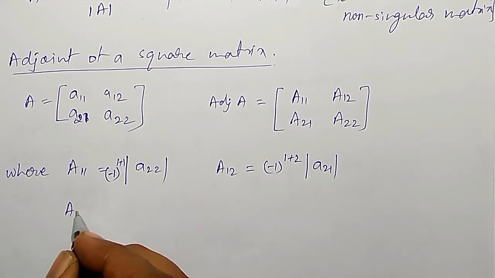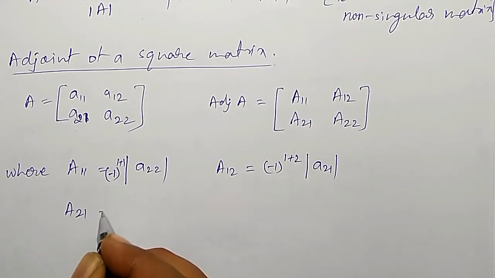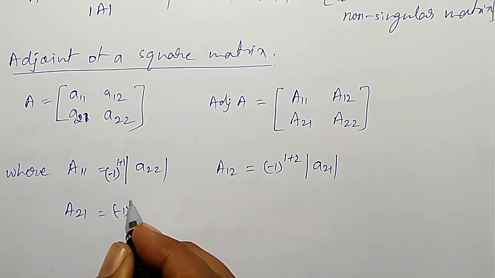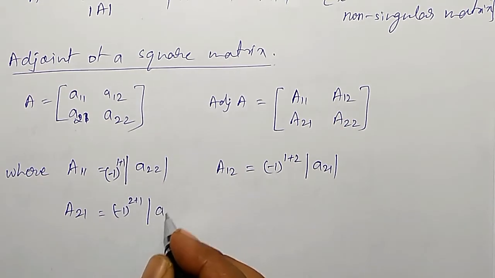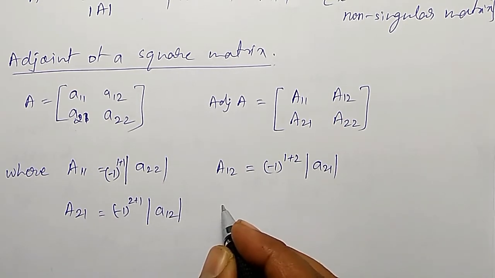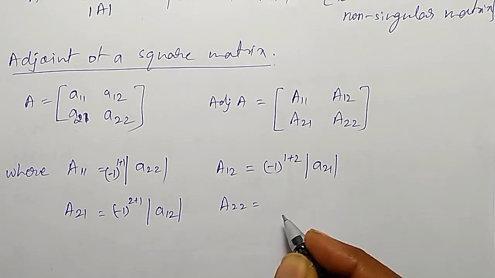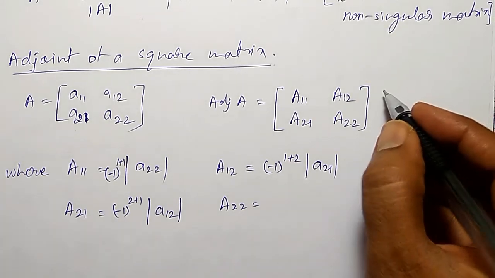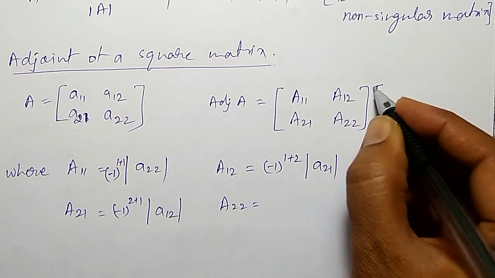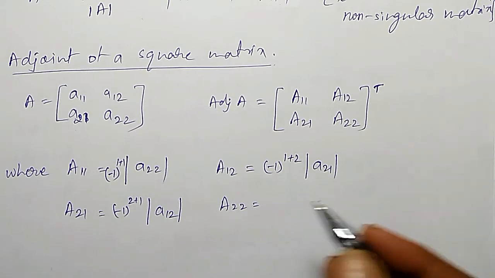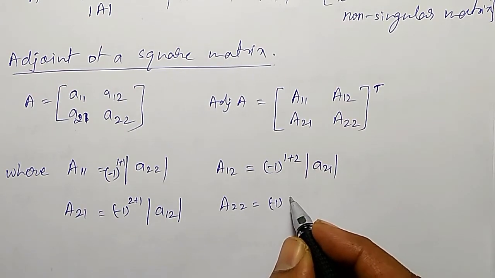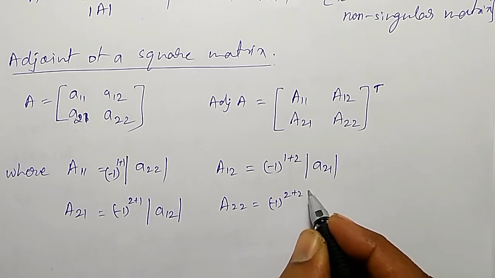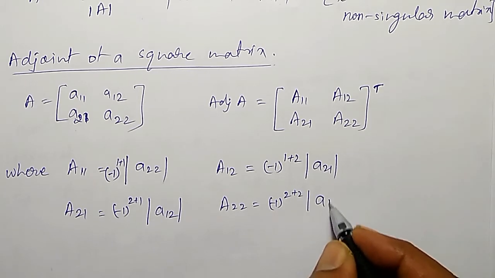Similarly, A21 is given by minus 1 raised to 2 plus 1, and the determinant leaving that row, leaving that column will become A12, and A22 is given by minus 1 raised to 2 plus 2 and A11. And its transpose, that is also important, will become your adjoint.